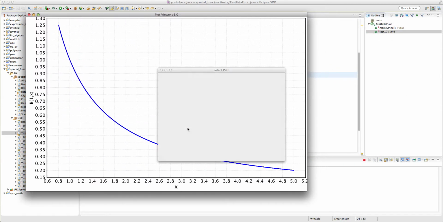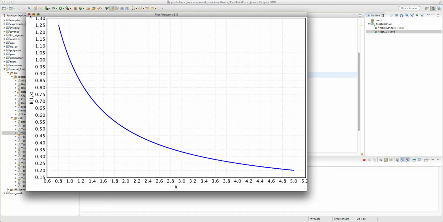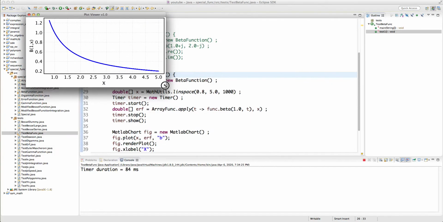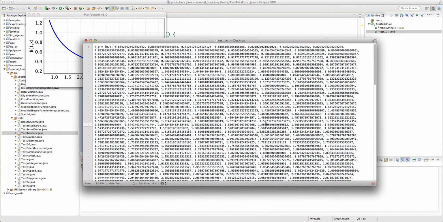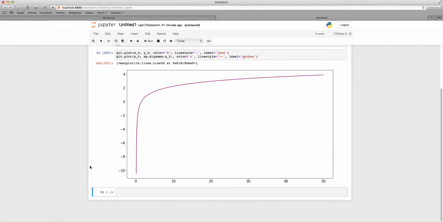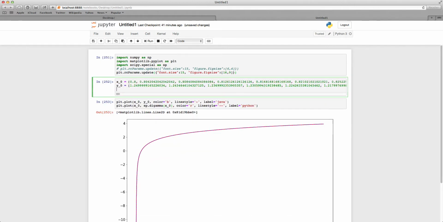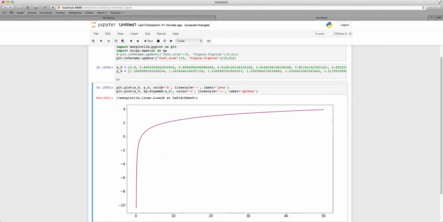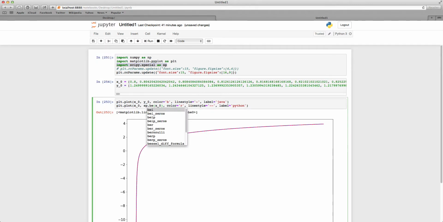And we can export this to Python and compare it with the Python implementation. So if I open the text file and copy all these numbers and go to our notebook, I'm going to paste this as x0, y0, and from the scipy package, scipy.special, I will call the beta function.